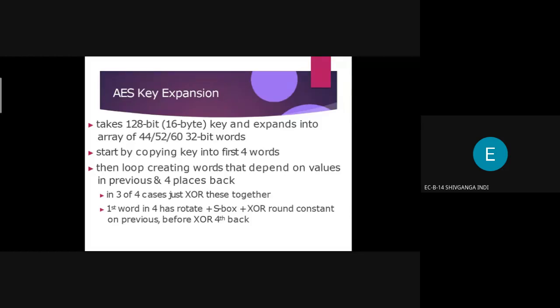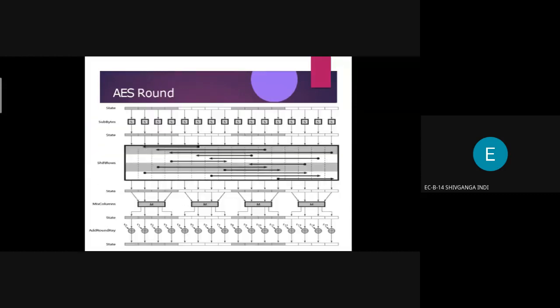In order to expand the key, the input is 128 bits, which is represented using 16 bytes, R0 to R15.